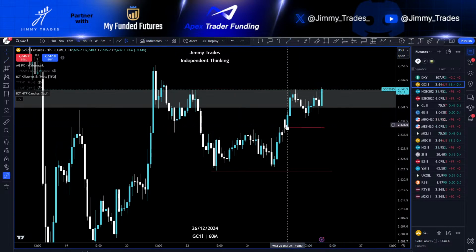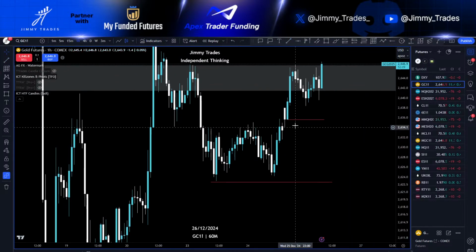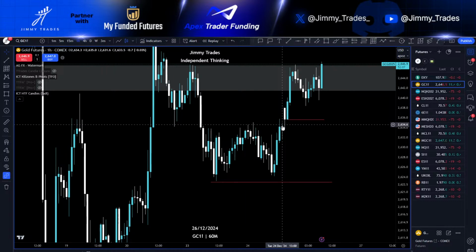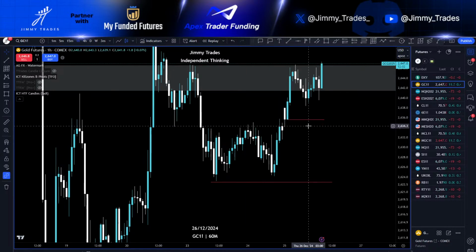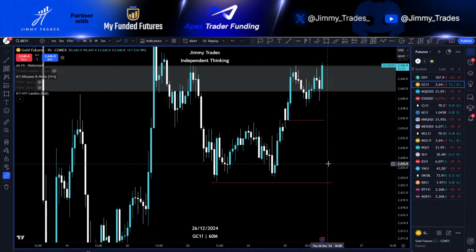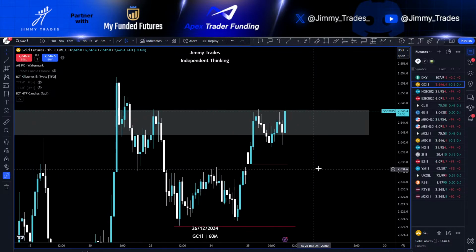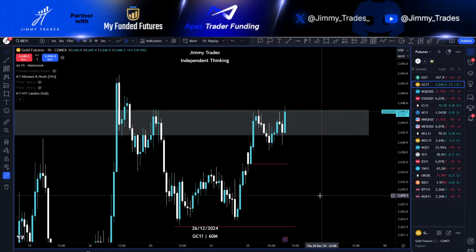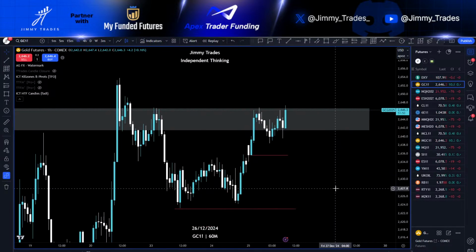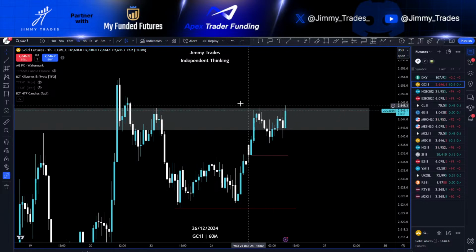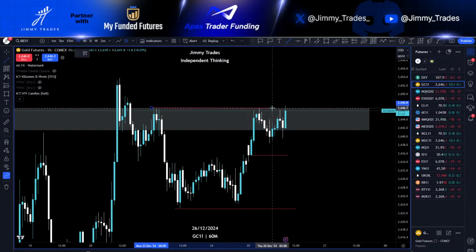Got a candle here with no wick to the downside, potential draw. Volume imbalance here. So we've got gold currently sweeping these highs right through here.